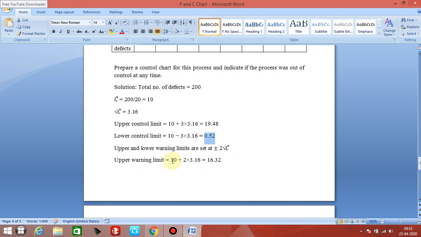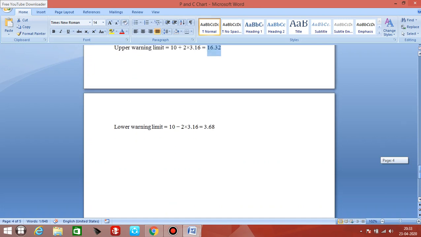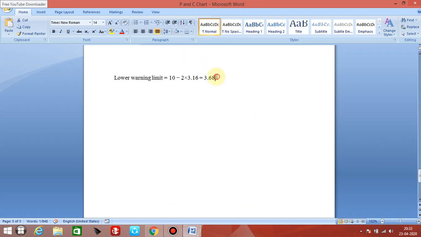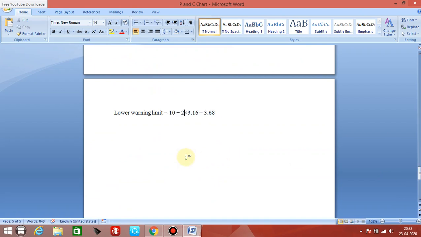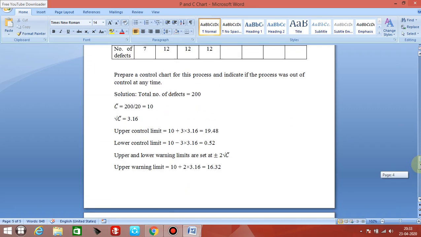So upper warning limit is 10 plus 2 into root over C bar, that is 16.32. And the lower warning limit is 10 minus 2 into 3.16.